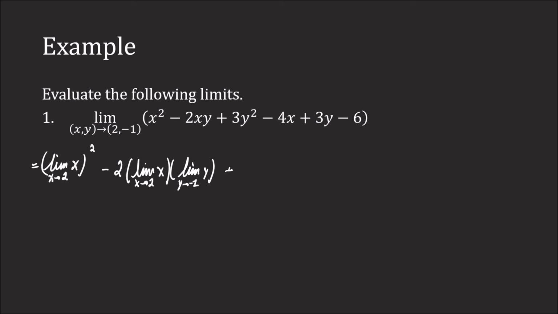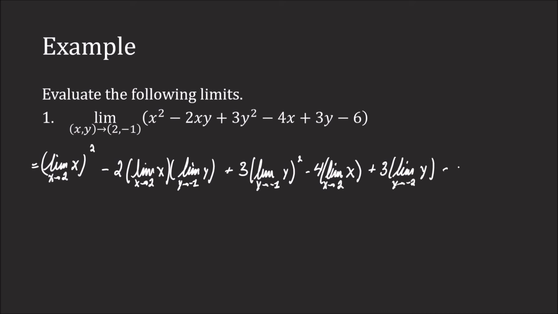Then we have plus 3 times the limit as y approaches negative 1 of y, and that whole thing will be squared, minus 4 times the limit as x approaches 2 of x, plus 3 times the limit as y approaches negative 1 of y, and then minus the limit of 6.